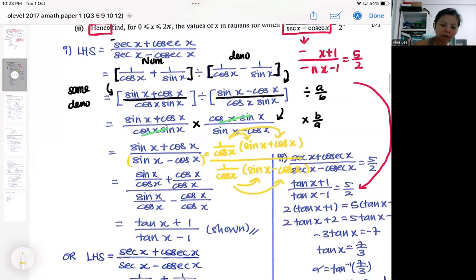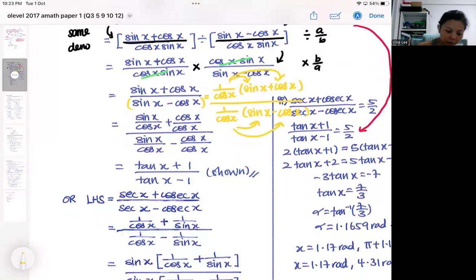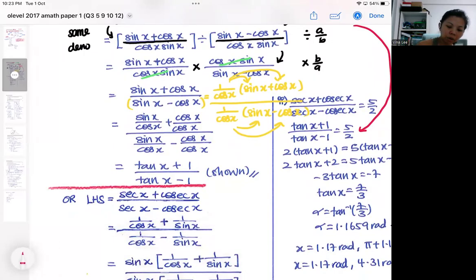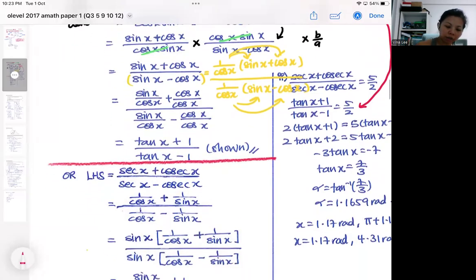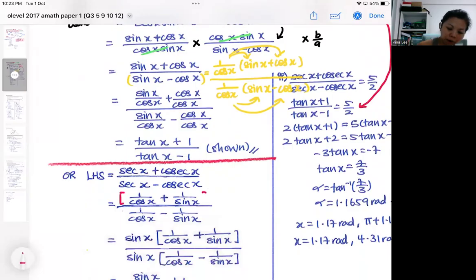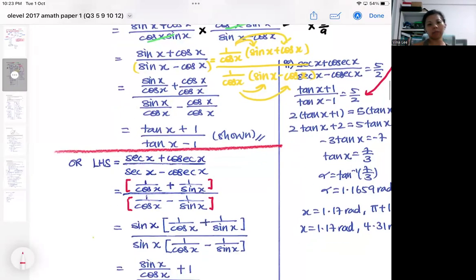Another way I think is easier, if you can process this idea, is you just do a direct change of formula in the numerator and also in the denominator.